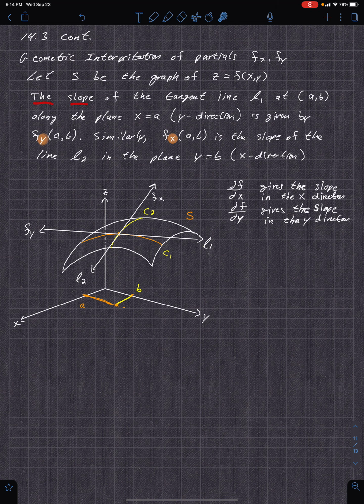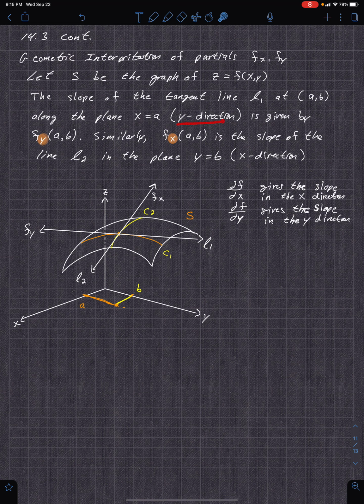The slope of the tangent line L at (a, b), okay, so here's a, and here's b, and you go up to the graph, like this. So this point up here is f of (a, b). So the slope of the tangent line L1, so here's L1, let's picture that being tangent, like that, at the point along the plane x equals a.